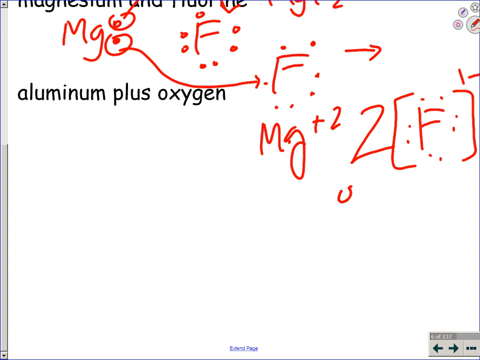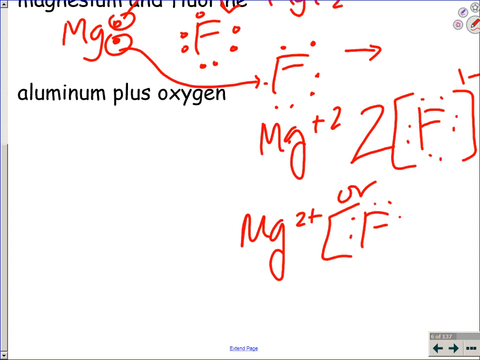Or you can write magnesium 2+, bracket fluorine with a subscript of 2, indicating that singularly fluorine has a 1 negative charge. Tomato, tomato. With reference to this though, anything that's ionic is overall electrically what?